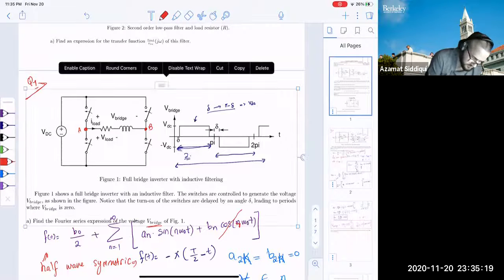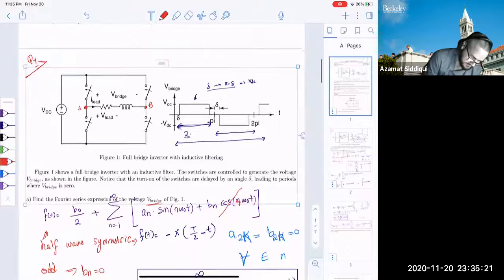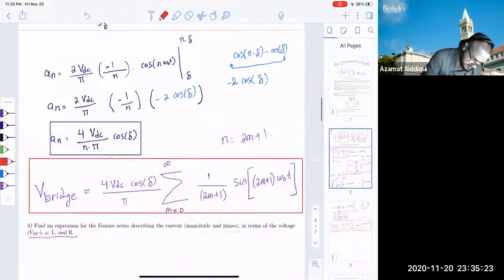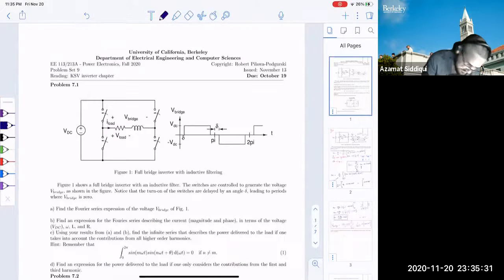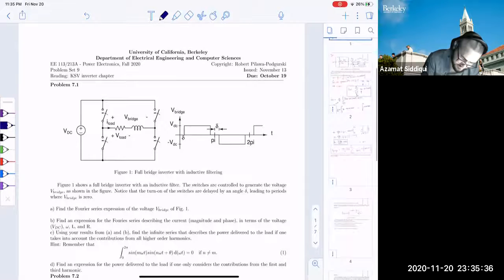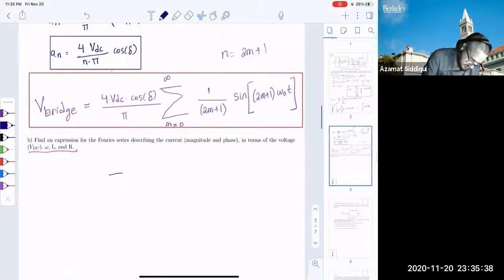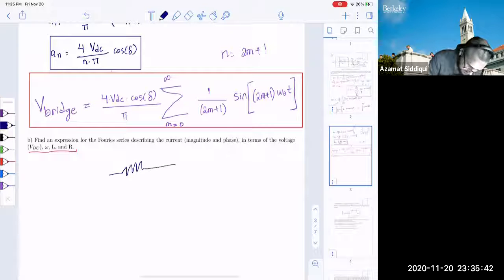So what we're going to do is find out the V bridge is getting taken across this resistor and an inductor.